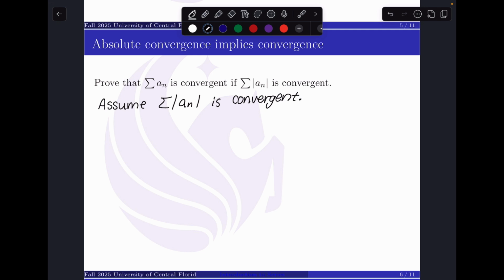So I'm going to set up a little inequality. If I take a sub n and I add the absolute value of a sub n to it, either I have a negative a sub n, and when I add the absolute value of a sub n, that's going to give me 0, or I'm just going to get twice the absolute value of a sub n if a sub n was already positive.